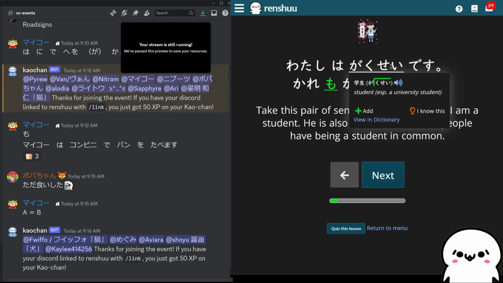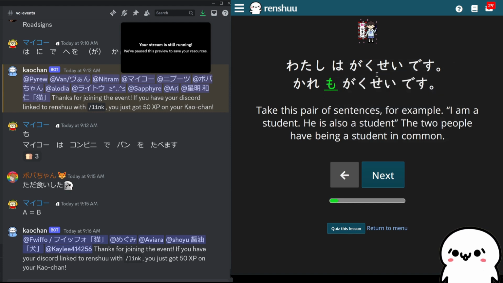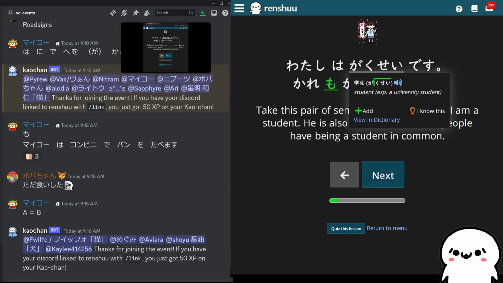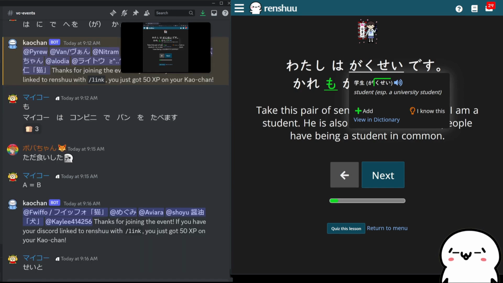Typically, not always, but generally speaking, if you're talking about high school students and lower, you usually use the word seito, which also means student. Though generally speaking, with university, you'll use gakusei. So gakusei is for your university level.